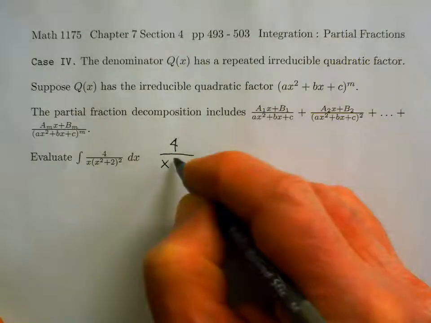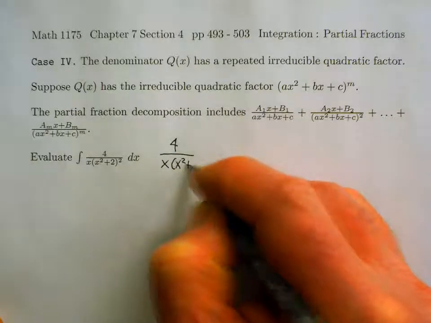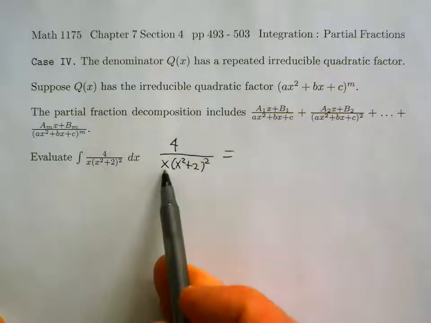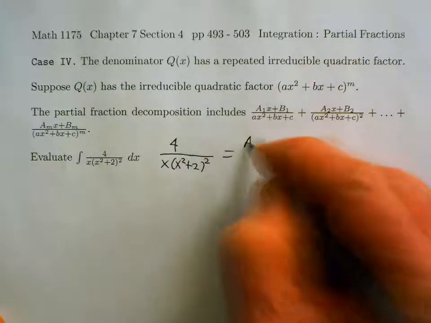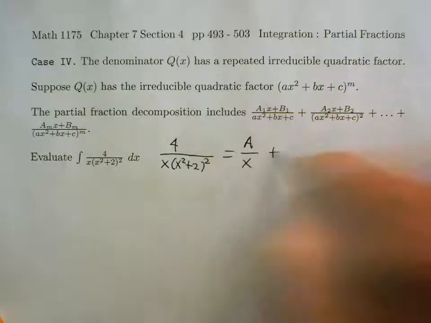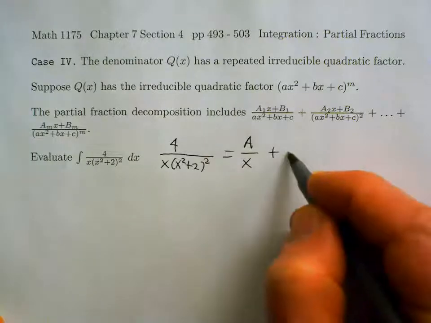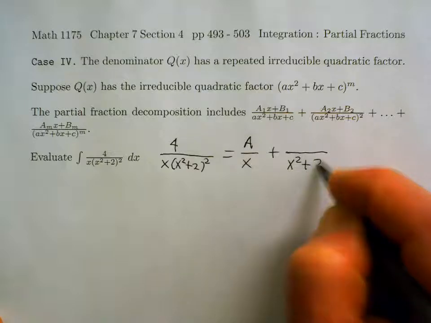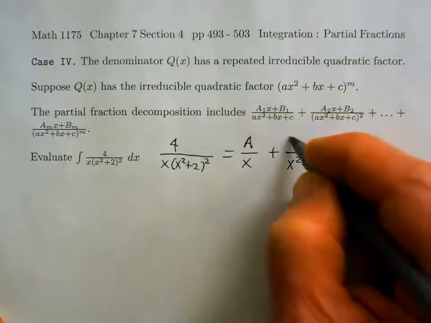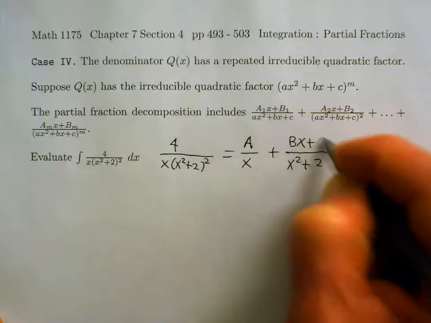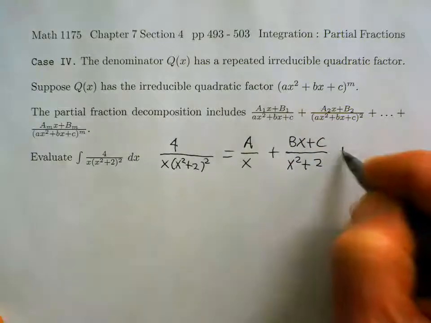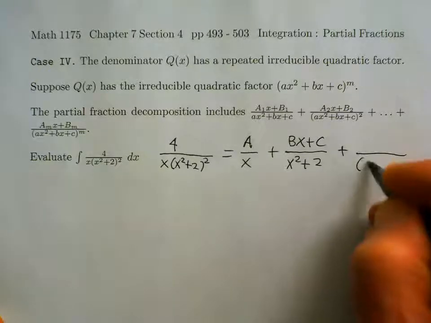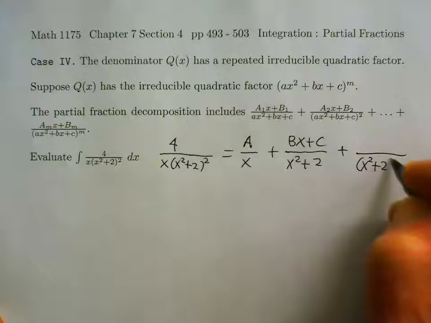So our partial fraction decomposition: for the linear term x in the denominator, we write A over x. And then for x squared plus 2, the numerator for this, I'll write as Bx plus C. And then we also have a denominator with x squared plus 2 quantity squared.